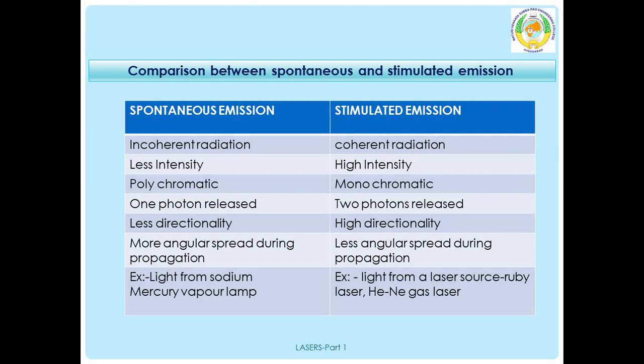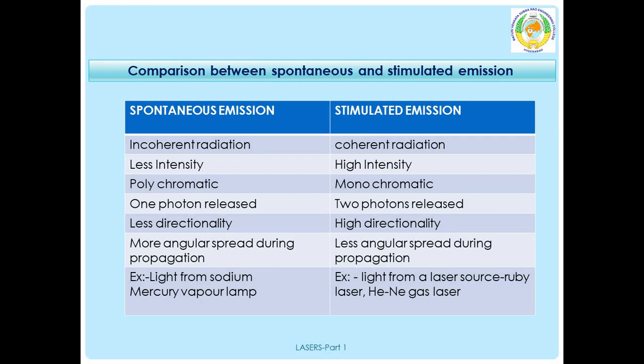Okay, and the intensity of spontaneously emitted radiation is less, whereas the intensity in the case of stimulated emission is high. The light from spontaneously emitted radiation is polychromatic. What is meant by polychromatic? Many wavelengths are there, whereas from stimulated emission it is monochromatic. It is of a single wavelength.